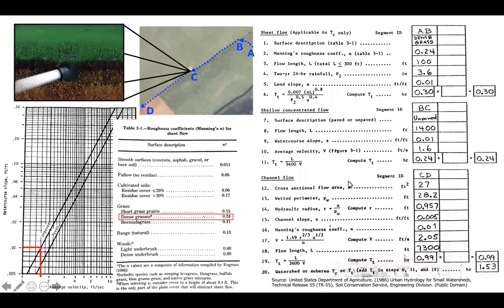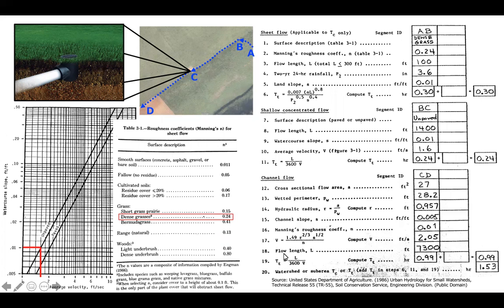Now let's suppose that at point C, the water enters a field drain, at which point it goes into a stormwater drainage pipe system, and the last segment, C to D, is the water moving in what we would call channel flow, where we can determine the flow length and the velocity using Manning's equation.